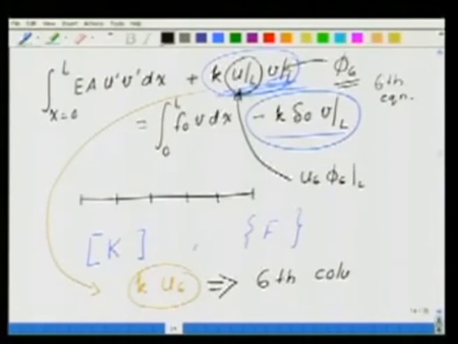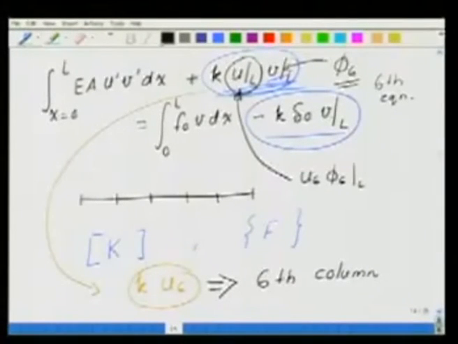So, in the stiffness matrix that we have obtained out of our assembly, we go and add k, because u6 stays in the vector, the displacement vector. So, I will add k in the 6th column of the 6th equation. So, that is the first thing we have to do. Second thing, let us see as far as the load.